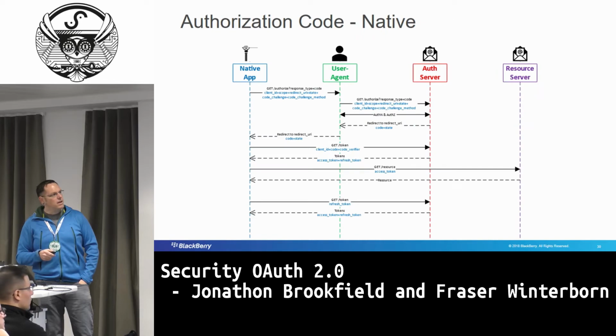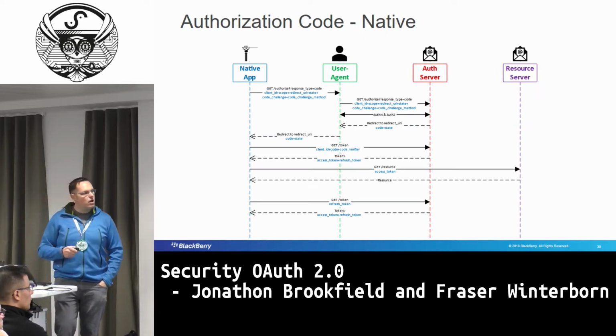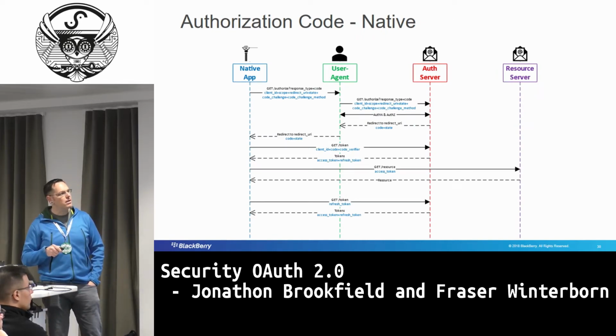In terms of what the authorization code flow looks like, because the app is a public client rather than a confidential client, it can't authenticate to the authentication server. It's a very similar flow, but there are a couple of extra bits called PKCE.